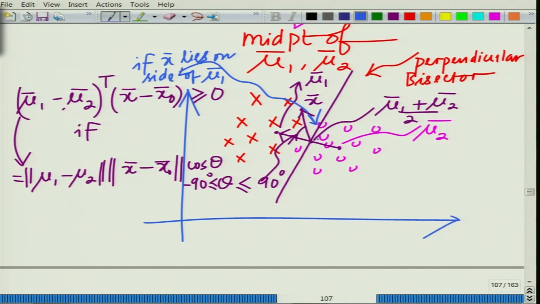On the other hand, for any point here, which is your x bar, if you look once again at this angle between mu1 bar minus mu2 bar, this angle theta, cosine theta is less than 0 for theta greater than 90 degrees or theta less than minus 90 degrees, right.